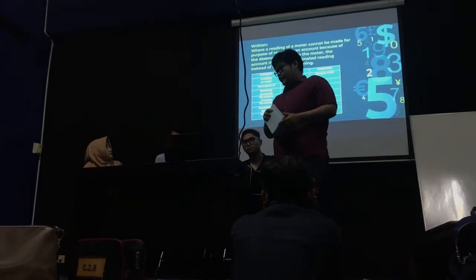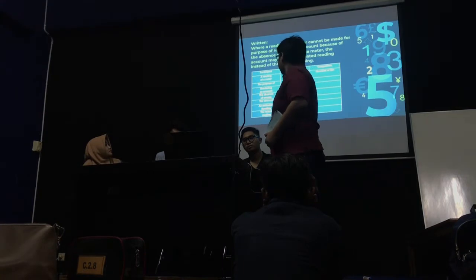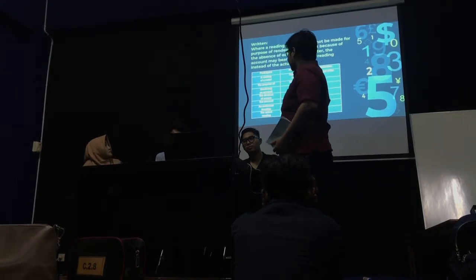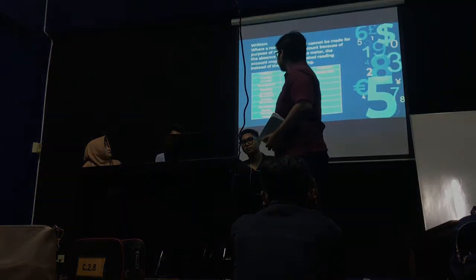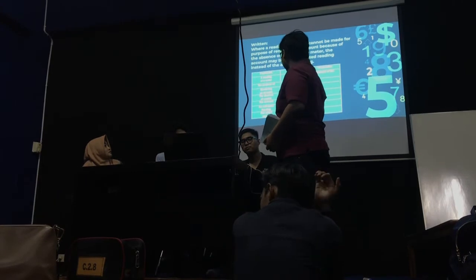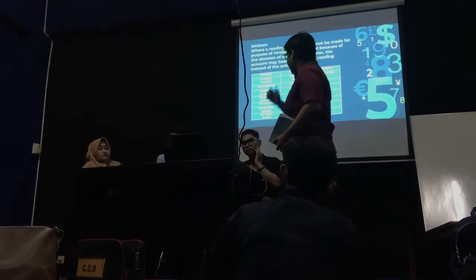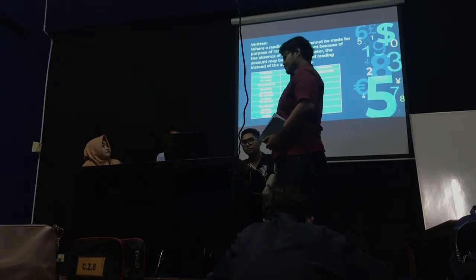Now, written text. They say it like this: where a reading of the meter cannot be made for the purpose of rendering an account because of the absence of access to the meter, the account may bear an estimated reading instead of an actual reading.